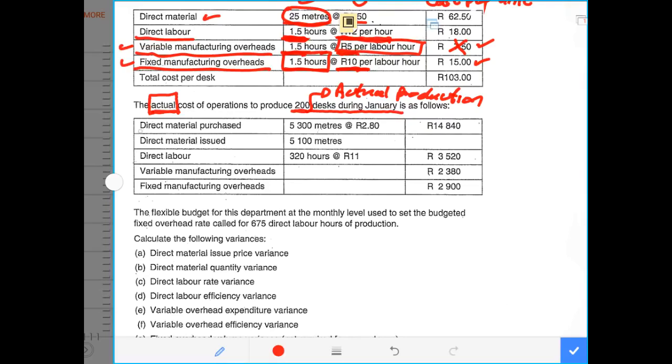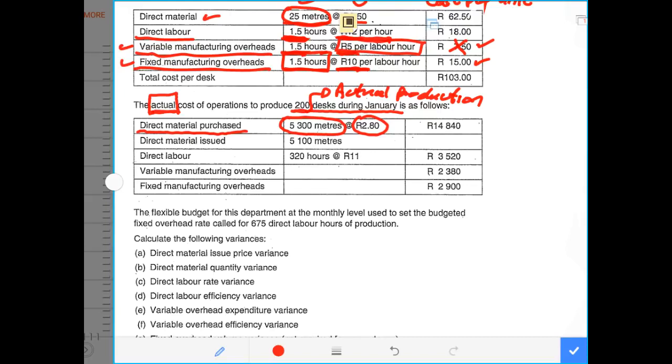So now we are given our direct material that was purchased. The company bought 5,300 meters of material, and these meters of material were bought at 2 Rand 80 cents, which is the actual cost of material per meter.